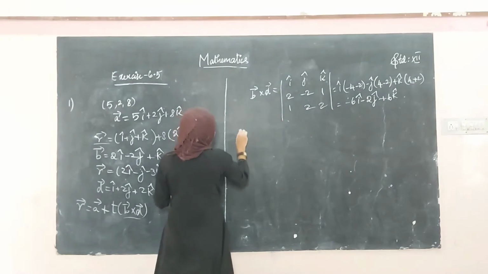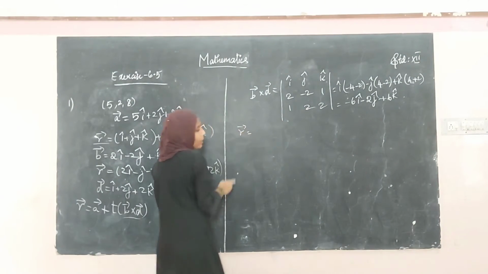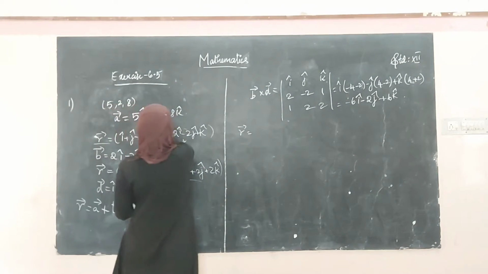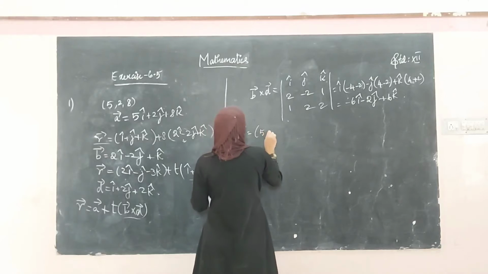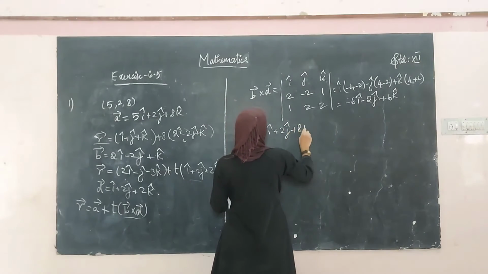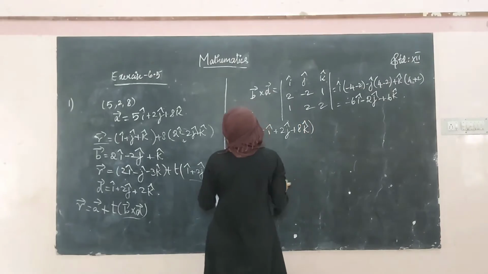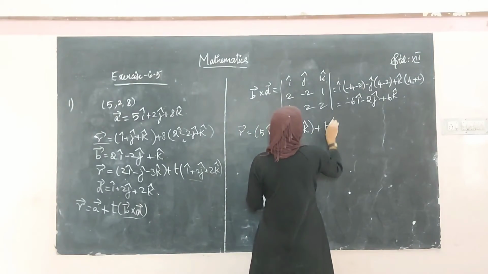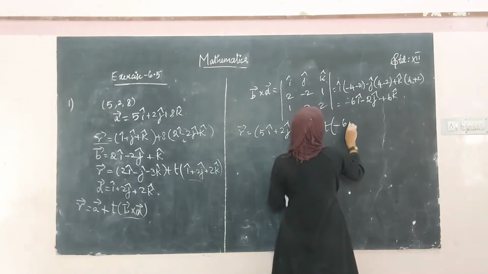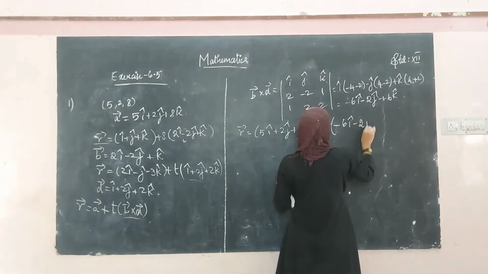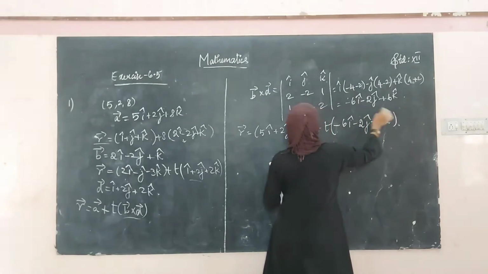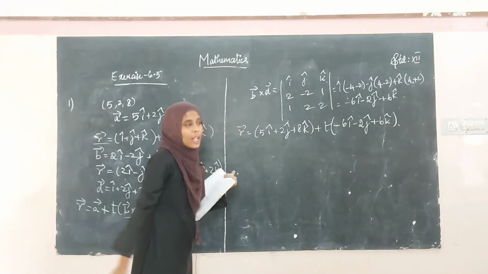So, shall we write it? r vector, this is the parametric form of the vector equation. r vector is equal to a vector, what is a vector? 5 i cap plus 2 j cap plus 8 k cap plus t into b vector cross d vector. b vector cross d vector is minus 6 i cap minus 2 j cap plus 6 k cap. Okay, so this is the parametric form of the vector equation.